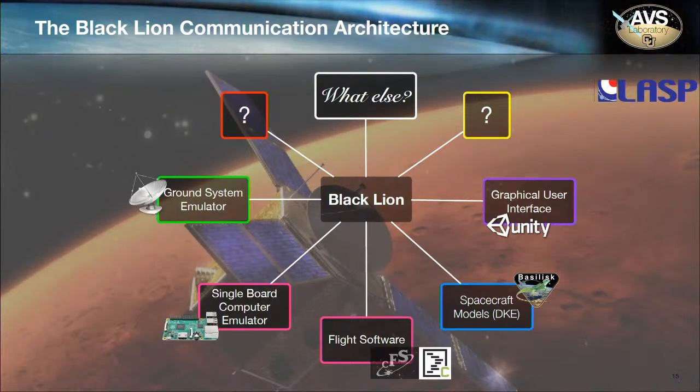So the integration of independent spacecraft mission models into a single simulation run demands a solid communication architecture underneath. And along these lines, I'm going to briefly talk about Black Lion, a purely software-based communication architecture that we have developed in support of this mission.